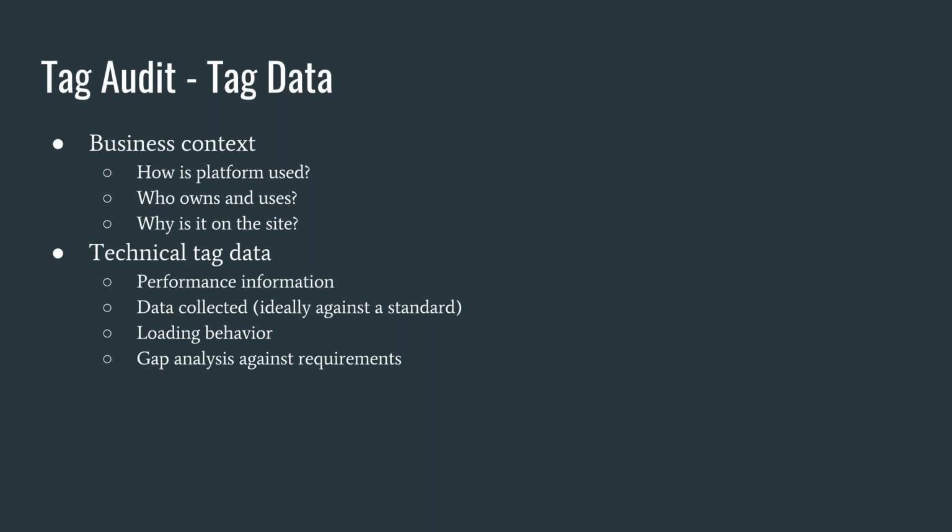Data that's being collected, is it all product context information? Is it transaction information? What's being collected? User information. Ideally, we would have a standard against which to compare what is actually being collected versus what should be, so we can have that gap analysis against the requirements coming out of the audit.